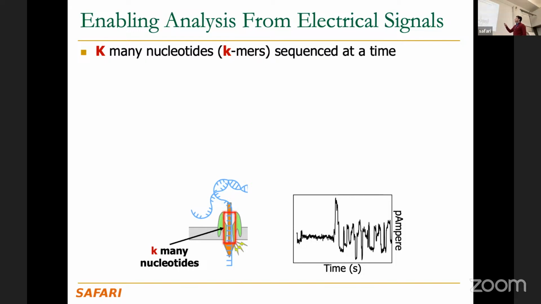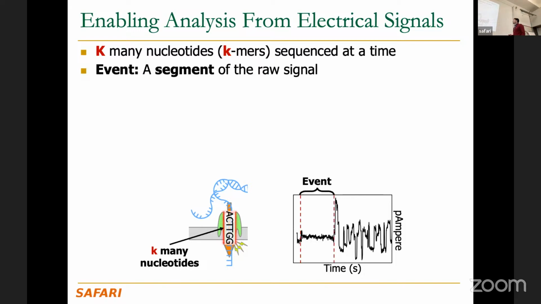So we know that there are K-mers, or K-nucleotides, inside the pore. You can assume that we have this particular K-mer at this moment while the DNA is being sequenced. The other terminology that we want to introduce is an event. An event is nothing but a particular segment in the raw signal.